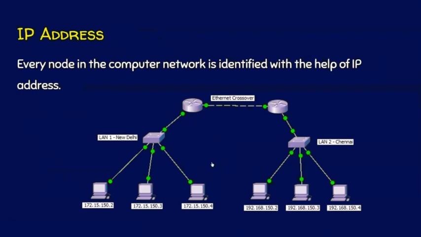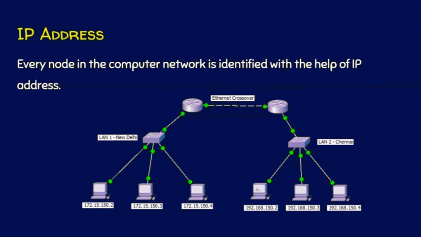If you take this scenario, this is a local area network which is in New Delhi, and this is another local area network, this is in Chennai. Suppose I take this computer and place it in the local area network of Chennai, and I want this newcomer to participate in the local area network in Chennai. I can simply remove this IP address and assign an IP address in this range.